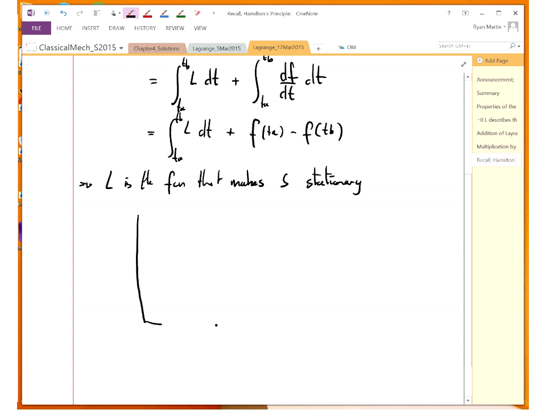So I can draw a path in time where I have TA and TB. The correct L gives the correct path in time of our variables, q.